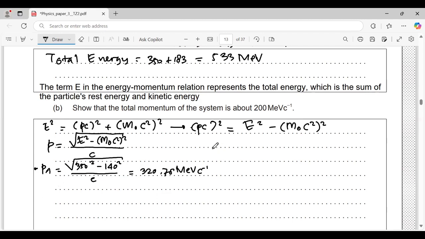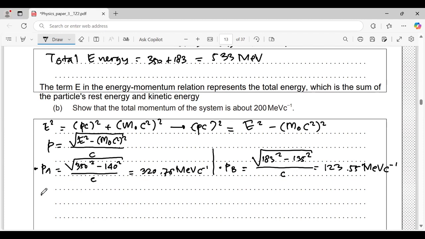And after that, I'm going to use this space for the momentum of pion B. It is the square root of 183 squared minus 135 squared over C. And if you calculate, the result is 123.55 mega electron volt C power minus 1.